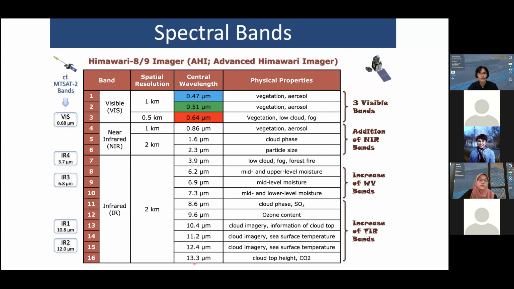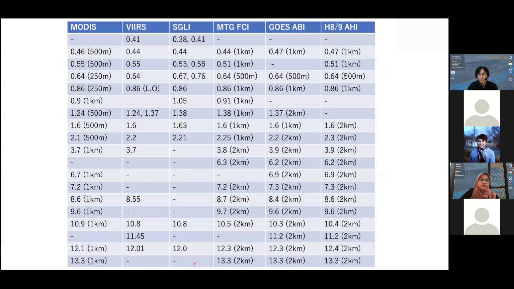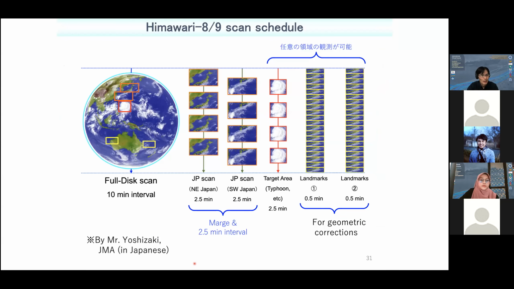Anyway, I will skip that. The observation is also very flexible with the current version. The full disk scan covers the whole Earth at a 10-minute interval. Within the 10-minute interval, Himawari-8 scans the Japan area every 2.5 minutes at very fine resolution.